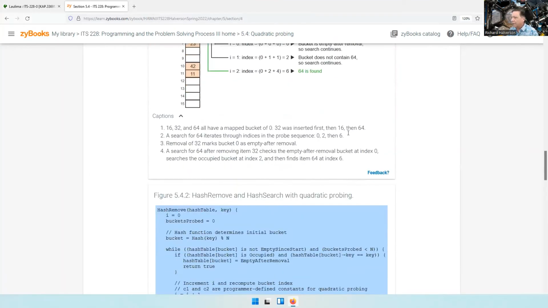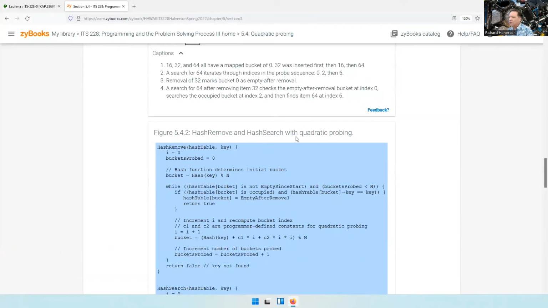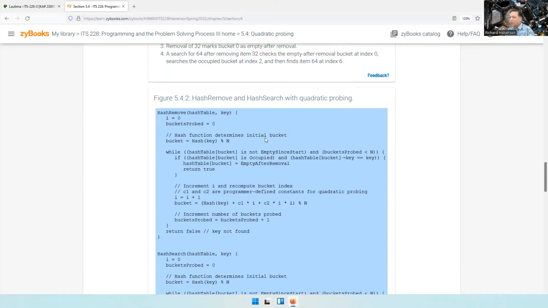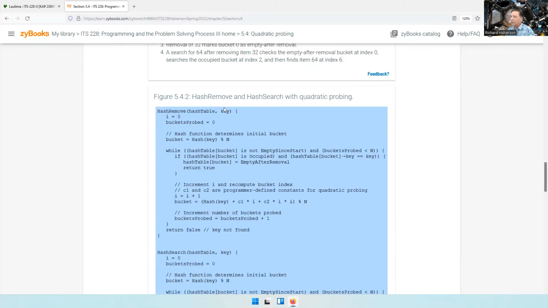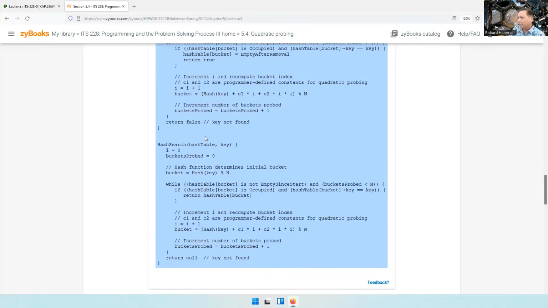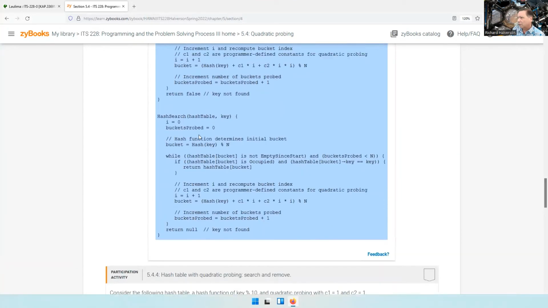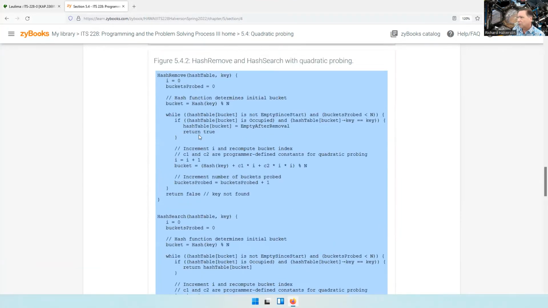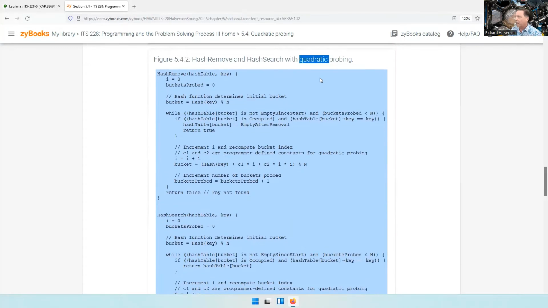Make sure you understand that. And again, there's always an insert, a remove, and a search. So this is the one with quadratic probing, and this is where the formula is. You're going to put some constant value there, and some constant value there. And then these are just I's.